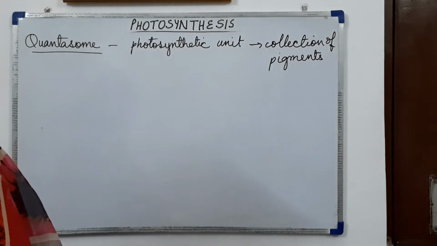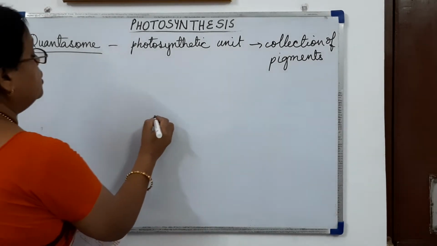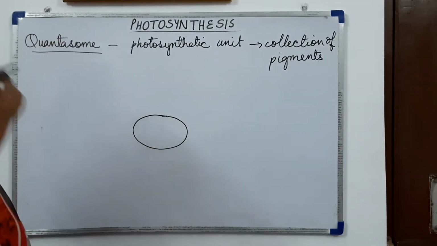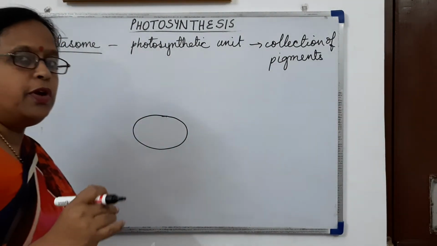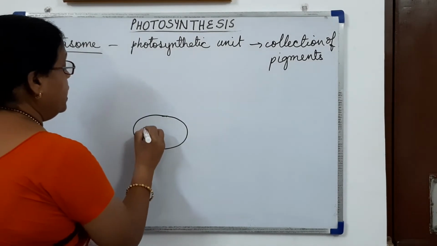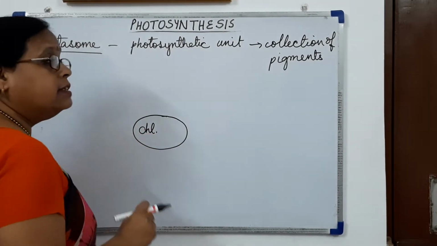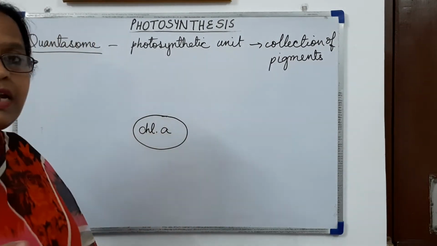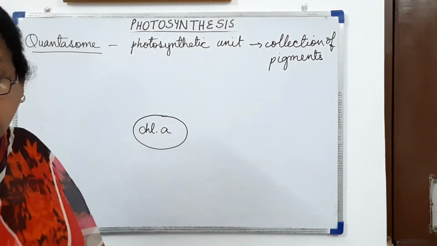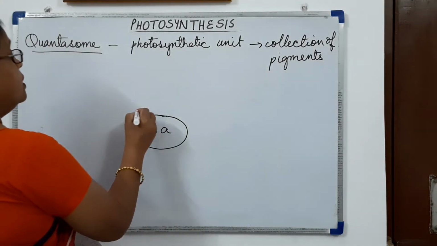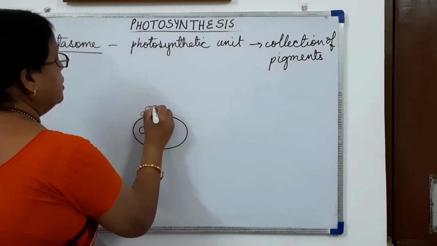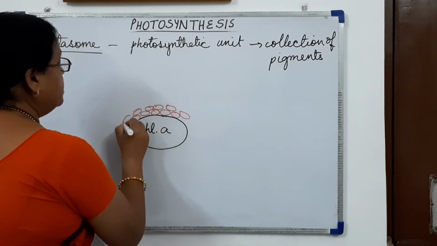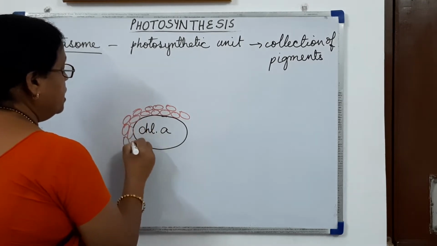So now, if we consider chlorophyll, we know that chlorophyll A is the main pigment which is responsible for the process of photosynthesis, and we consider it as the reaction center. So chlorophyll A will be the central pigment, and other pigments will be helping it. Accessory pigments are there, and they make the quantasome.